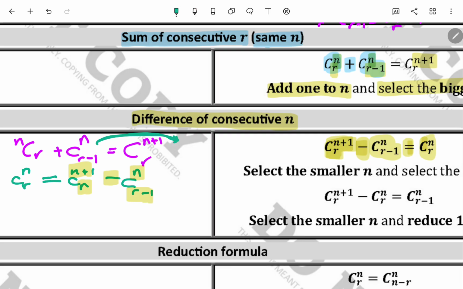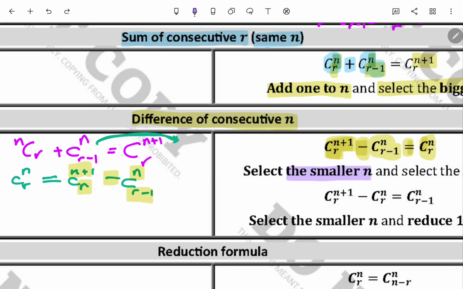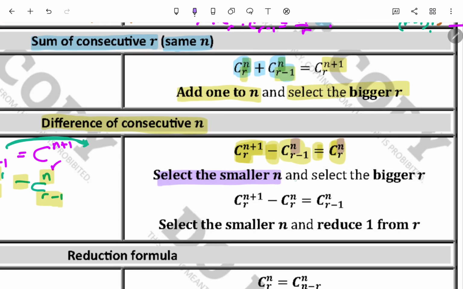So the best way is you select the smallest n, which is here, and then select the biggest r, which is this one. So you will get n and r.